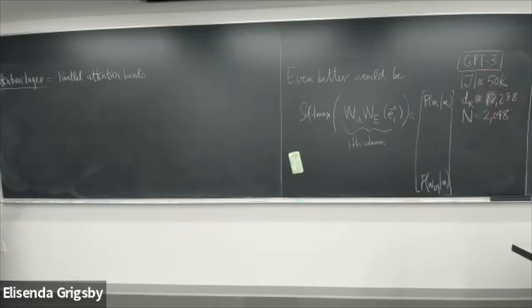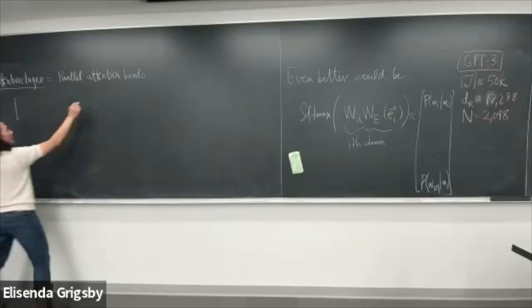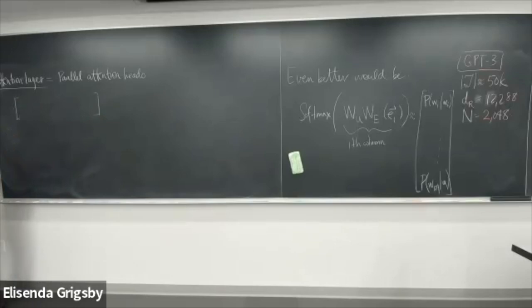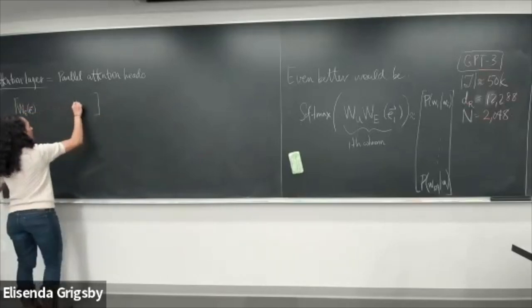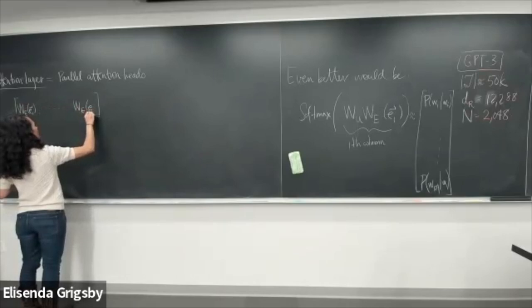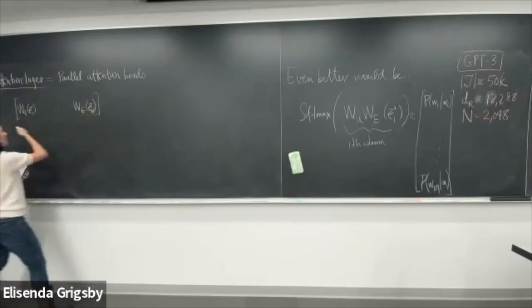Thank you. So you have these parallel attention heads, and each one of them is supposed to be responsible for asking some question or query of the previous tokens. What's the input to one of these heads? It's something like an embedded sequence of one-hot encoded tokens.